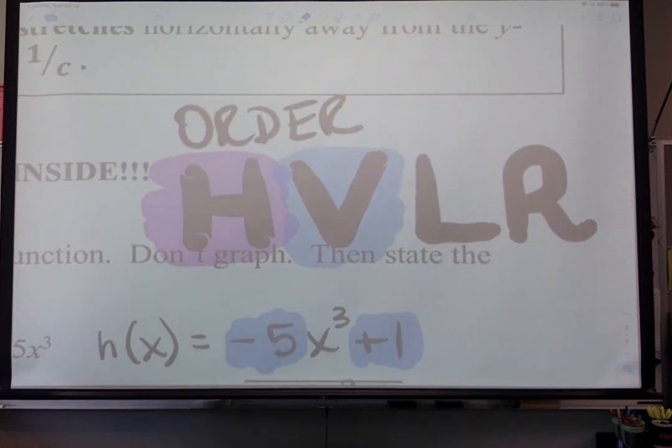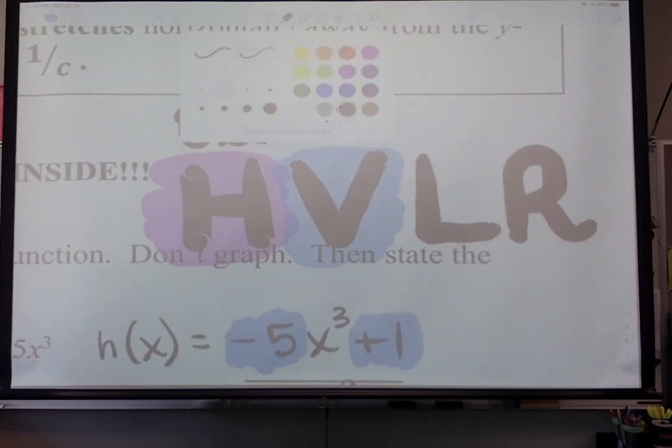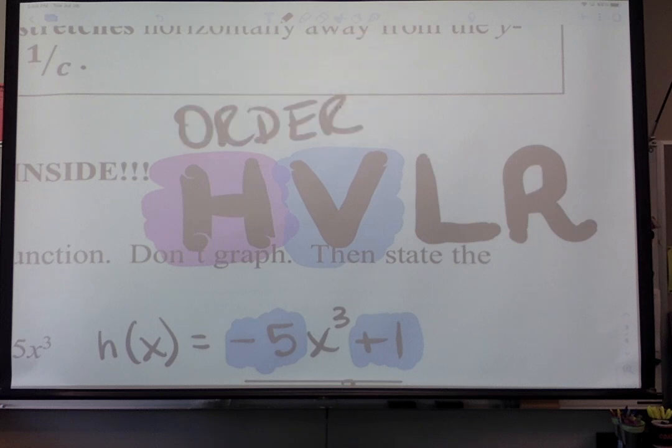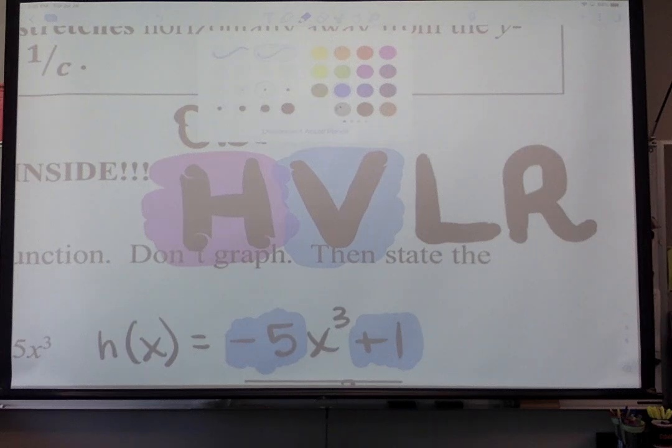So important. So important. I want to put it in a yellow highlighter so that you know it's something you have to memorize.